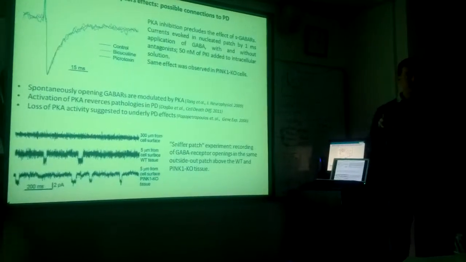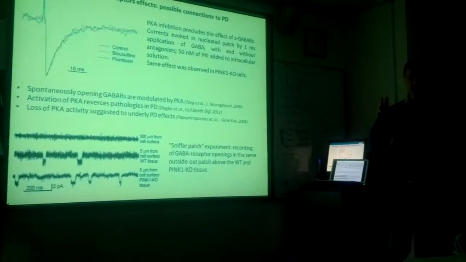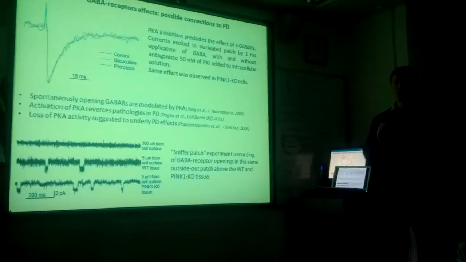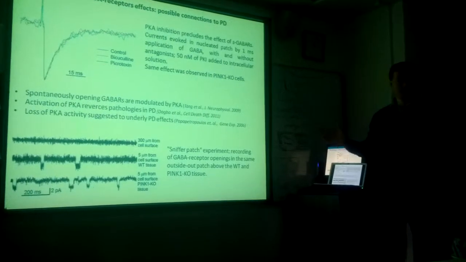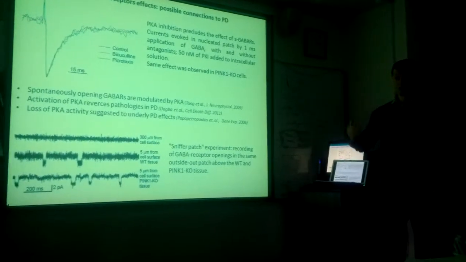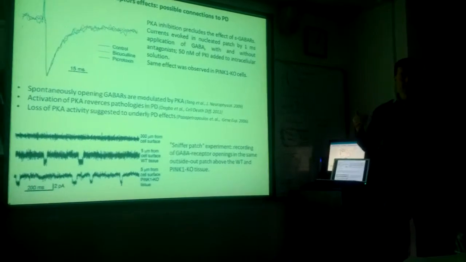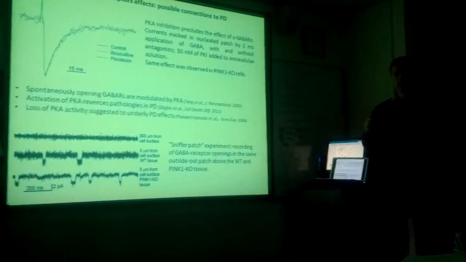After that, if you approach with this micropipette a living neural tissue, and if this neural tissue releases some neurotransmitter, in this case GABA, in response to this neurotransmitter, the receptor at your micropipette can open.